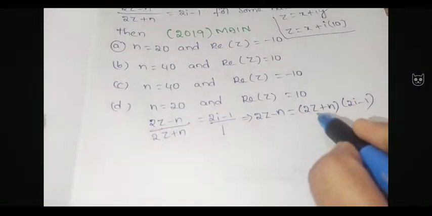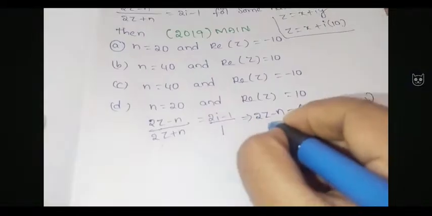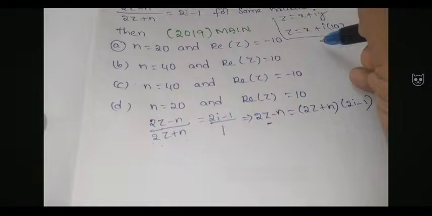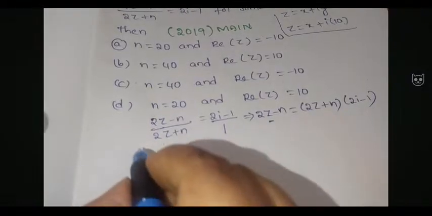After that, we expand these terms. According to the question, z is x plus 10i, so write this value in the z place.